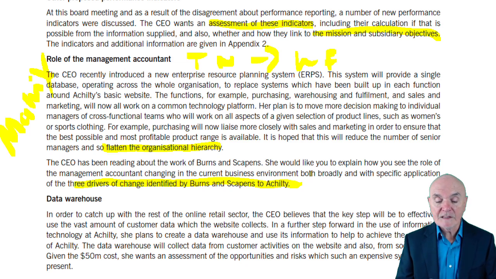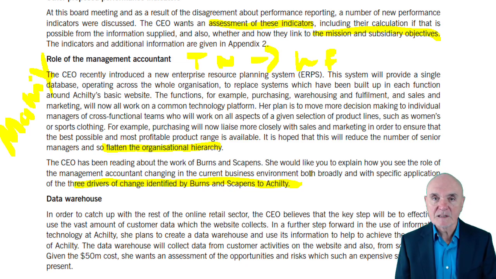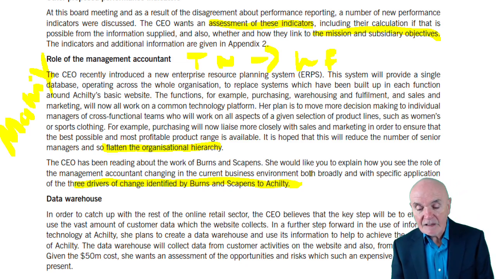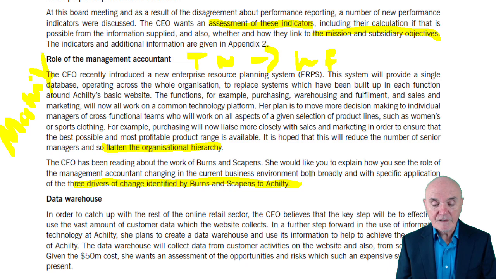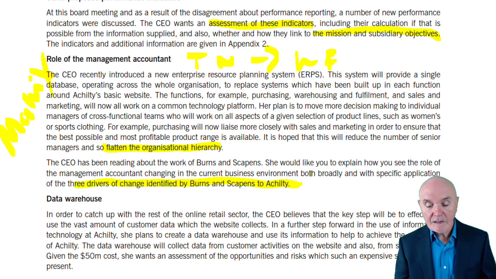So this exam is not all about solo flight on the day, making it up as you go along. There are very specific bodies of knowledge on which you can be tested. Data warehouse. In order to catch up with the rest of the online retail sector, the CEO believes that the key step will be to effectively use a vast amount of customer data which the website collects.